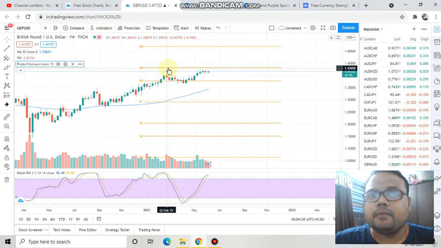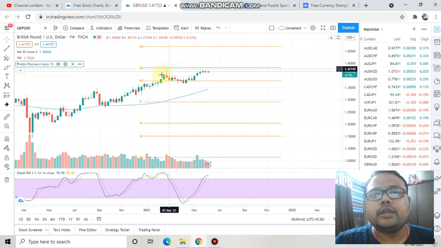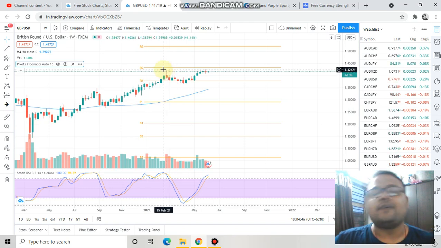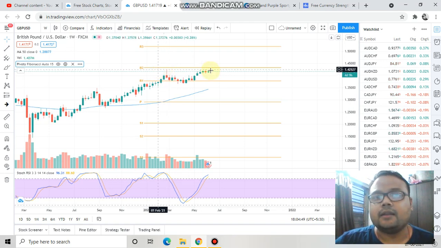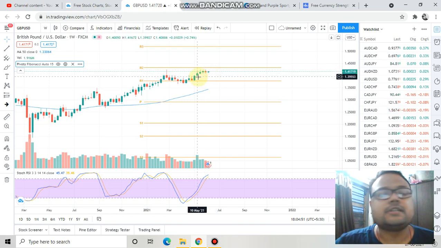The market tried to go up, the price failed to sustain and came down, and the market formed a shooting star kind of pattern. This particular price level is now acting as a resistance. We can see that for the past 4 weeks, or the past 1 month, the market is struggling to cross the level and is unable to do so.